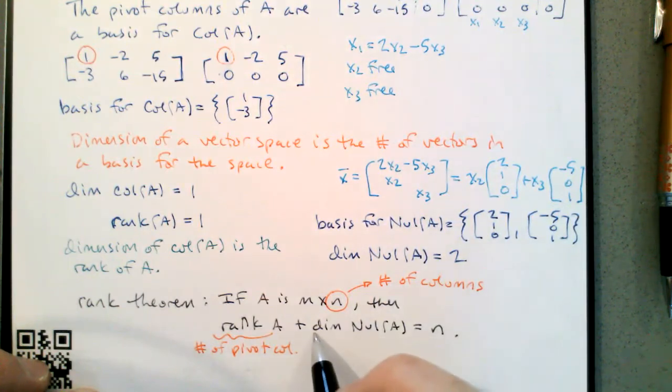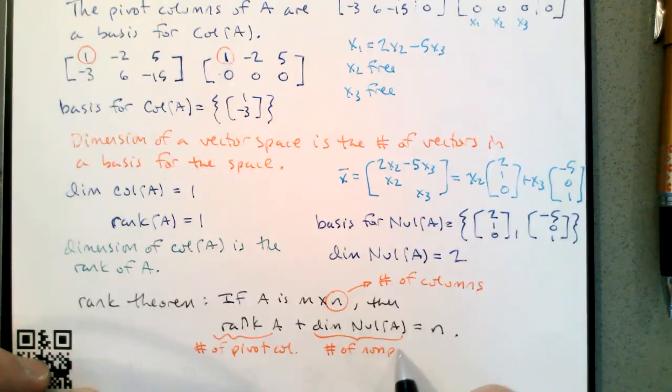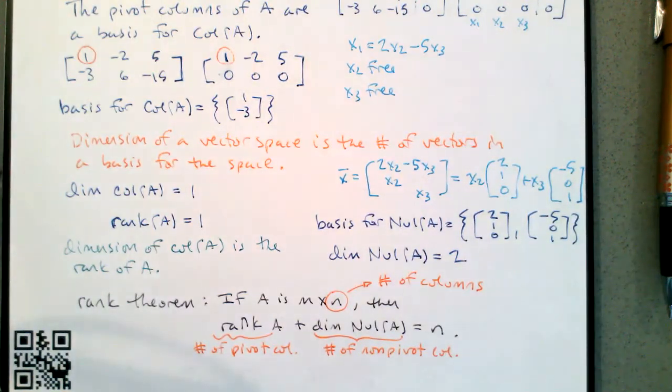And the dimension of the null space of A is going to be the number of non-pivot columns, because each non-pivot column in the matrix gives us a free variable in the homogeneous equation. And so the number of non-pivot columns will be the dimension of the null space of A. So the rank theorem just says that a column in a matrix is either a pivot column or a non-pivot column.